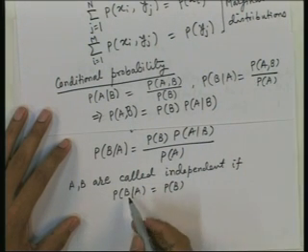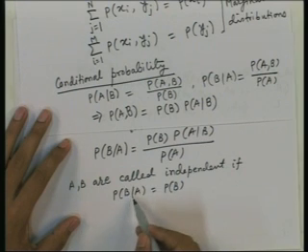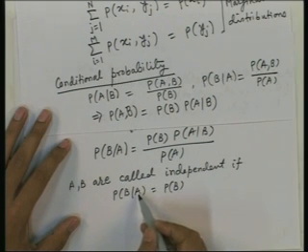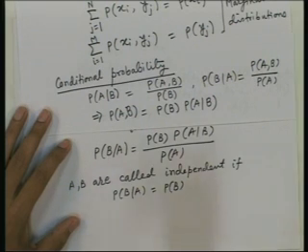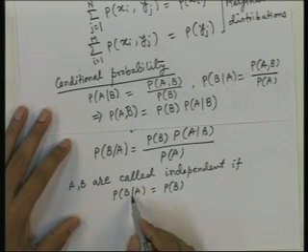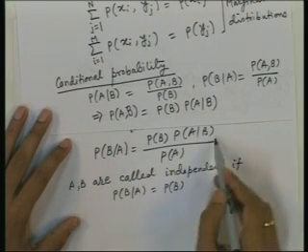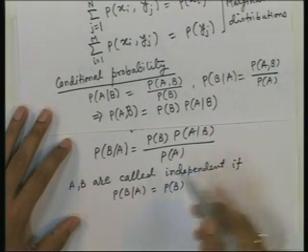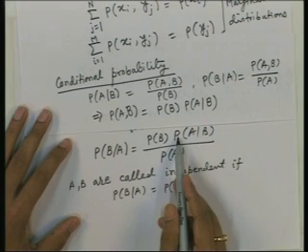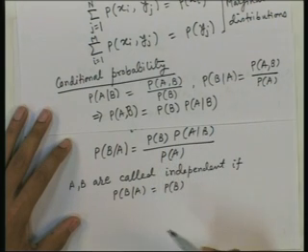That is, whether A has occurred or not, it does not matter to compute the probability of B. Because B is independent of A, that is why it is defined this way. Okay. So, if we simply put this quantity equal to PB, what do we get? This PB cancels from both sides, and then we get PA given B equal to PA.